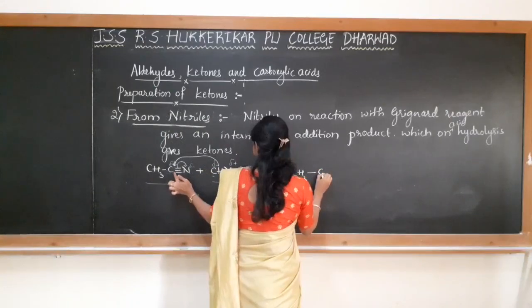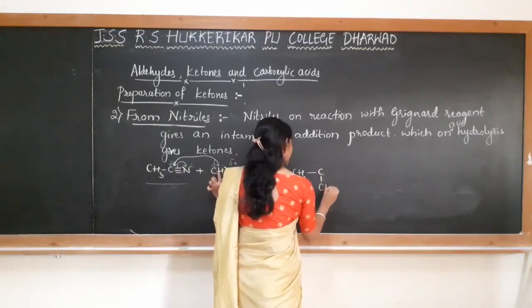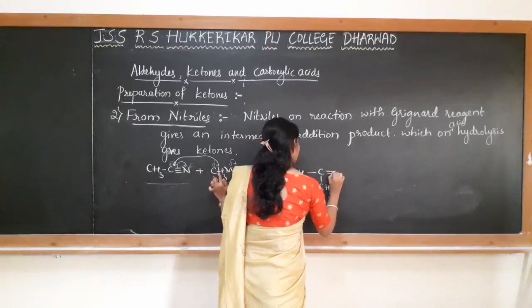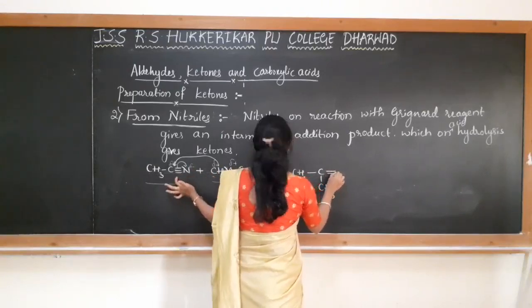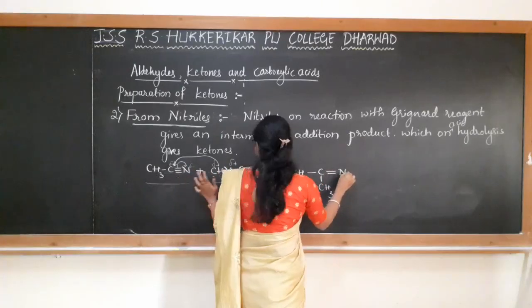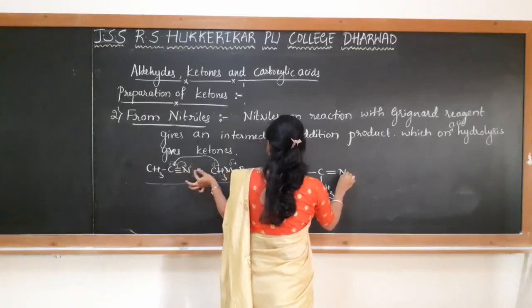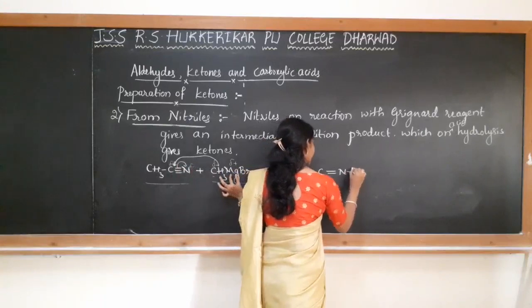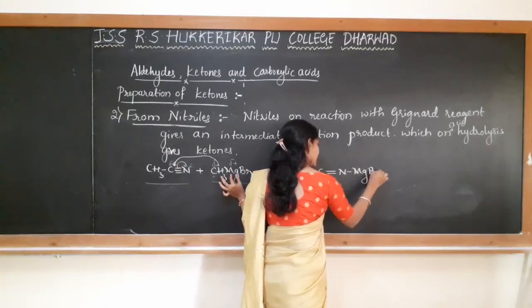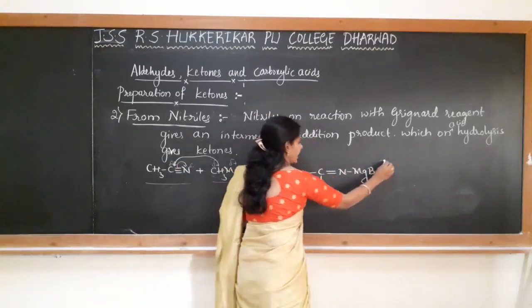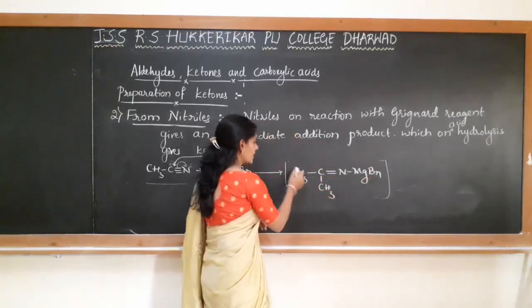The carbon is now attached with the CH3 group, carbon triple bond nitrogen is converted to carbon double bond nitrogen, and nitrogen is partially negatively charged and connected to MgBr. Like this we get the intermediate addition product, which is unstable.